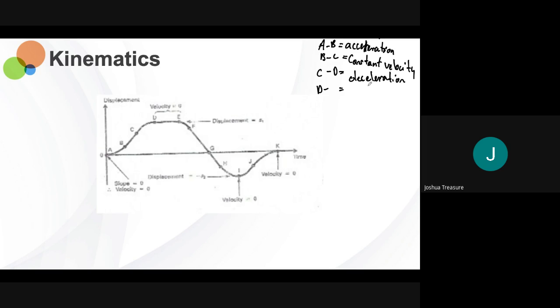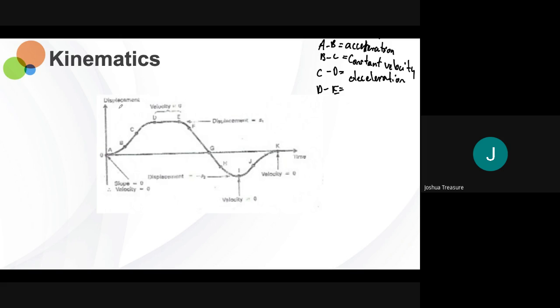Yeah, so deceleration. D to E. What is happening there? Constant velocity or whatever. Are you sure? But we said B to C is constant velocity. D to E is a displacement time graph.